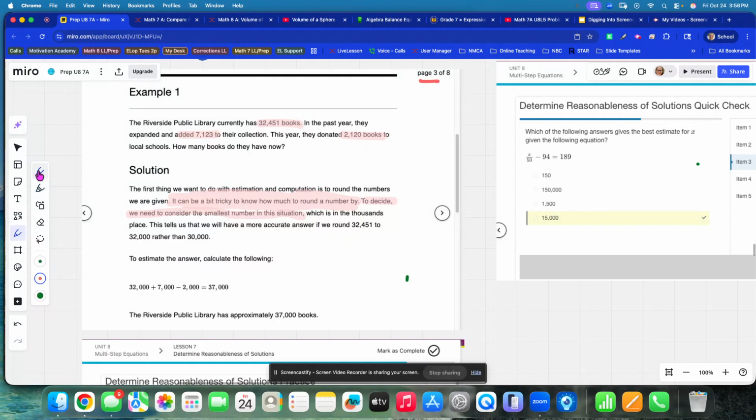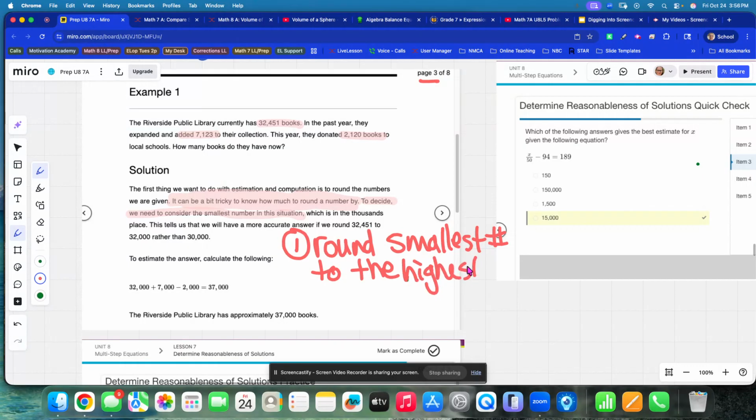Okay, so for these problems, what you're going to do is round the smallest number to the highest decimal place. Okay, once you've done that, you can round other numbers to that same place value.